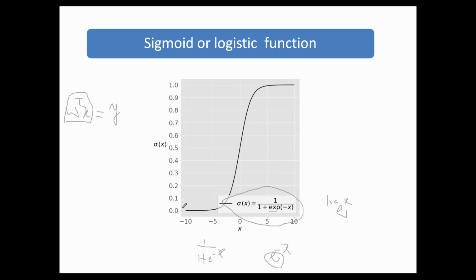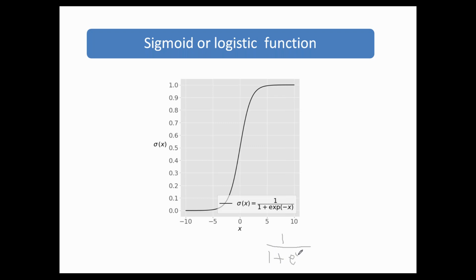So the output will be this kind of value. Suppose x is equal to 0. What will happen? What is the value of the function if x is 0? You can type in the chat. If x is equal to 0, it is 1 by 1 plus e power 0.